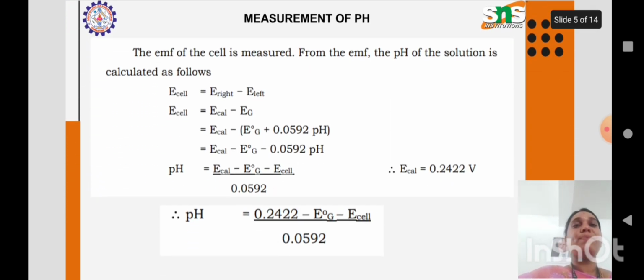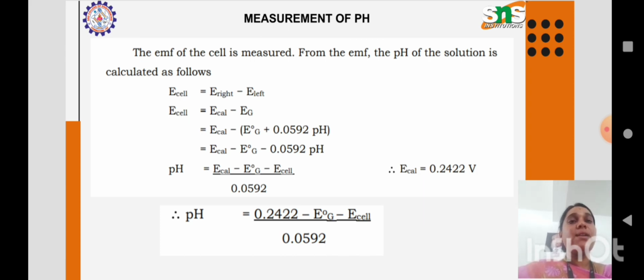For the measurement of pH, the EMF of the cell is measured, and from the EMF the pH of the solution can be calculated. E cell equals E right minus E left. Here the calomel electrode is on the right side and the reference electrode is on the left side.